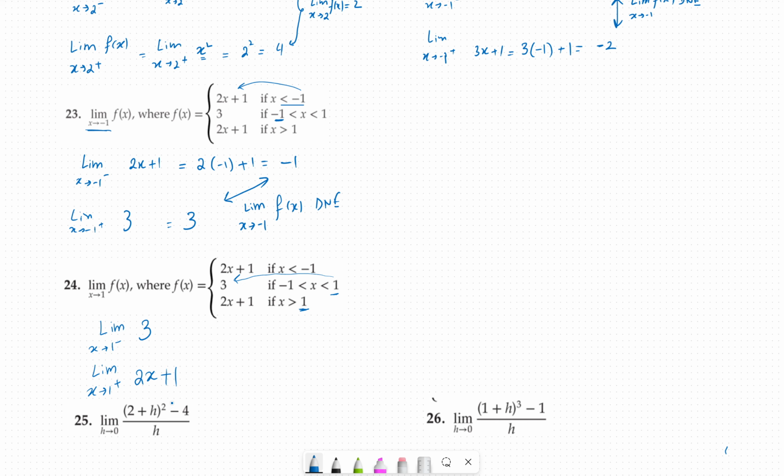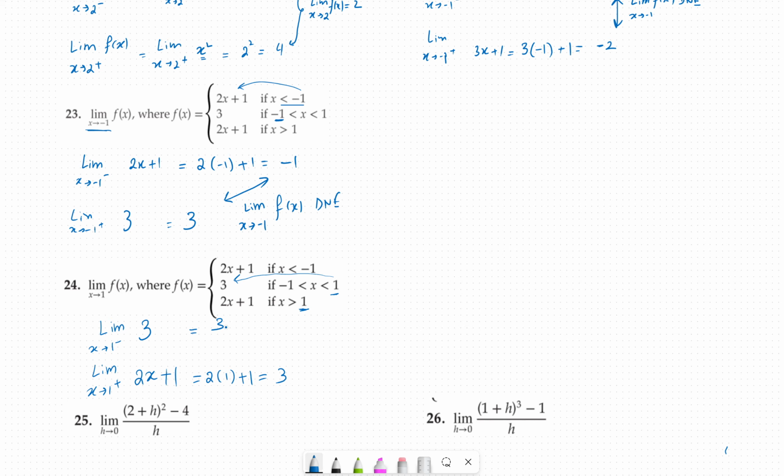2x plus 1. Now I find each one of these. Again, the limit as x approaches a number of a constant. There is no variable next to the 3, so the answer is just 3. Now here, 2x plus 1, I substitute 1 in for x. So 2 times 1 plus 1, that's 3.